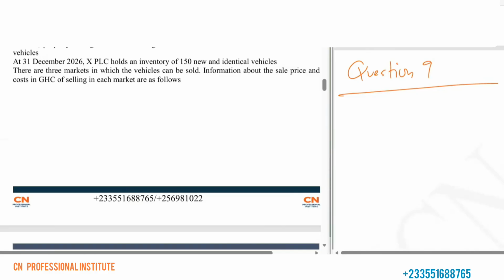XPLC owns a division which sells construction vehicles. At 31st December 2026, XPLC holds an inventory of 150 new and identical vehicles. There are 3 markets in which the vehicles can be sold. Information about the sale price and cost in Ghana cedis of selling in each market are as follows.